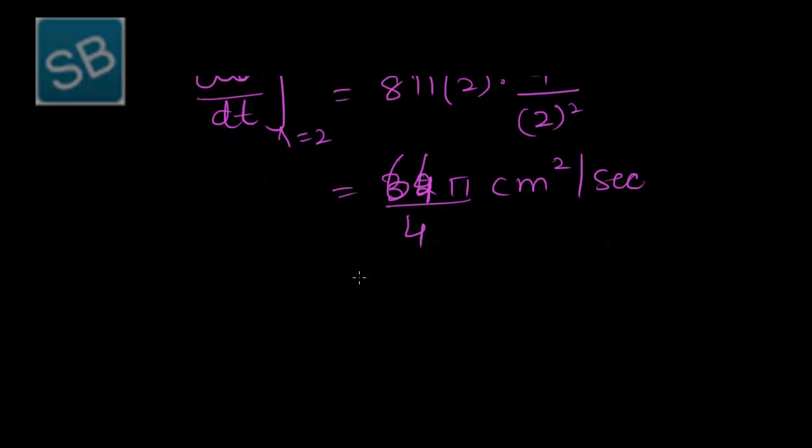So we have here 16 pi centimeter square per second. That is our required answer. That is rate of change of surface area with respect to time.